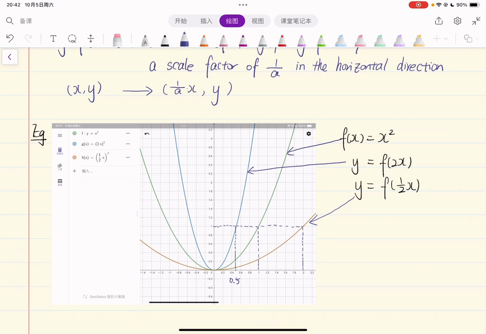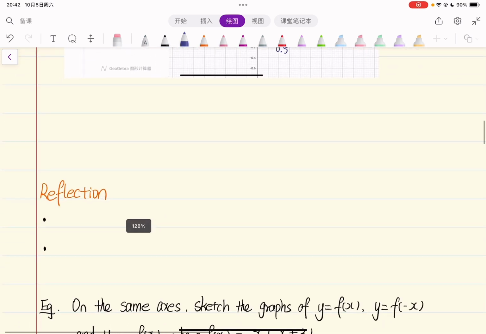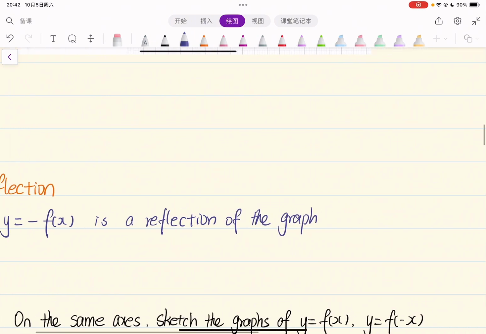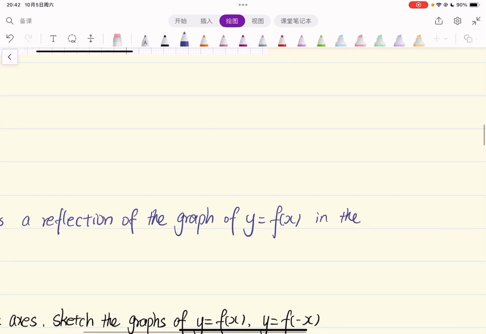Now we see how the graph is stretched, and we can also learn about the reflection. For y equals f(x), y equals minus f(x) is a reflection of the graph of y equals f(x) in the x-axis.